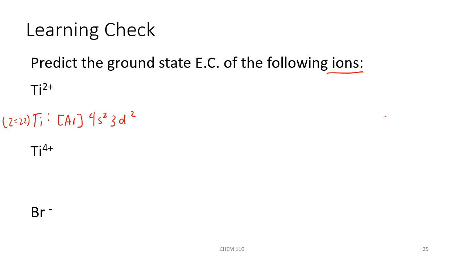So when titanium becomes an ion and it forms a +2 charge, what electrons are going to get removed first? Those are going to be from the highest value of n, or in this case 4. So these two 4s electrons will get removed first. Our electron configuration for titanium 2+ will be [Ar] 3d2.